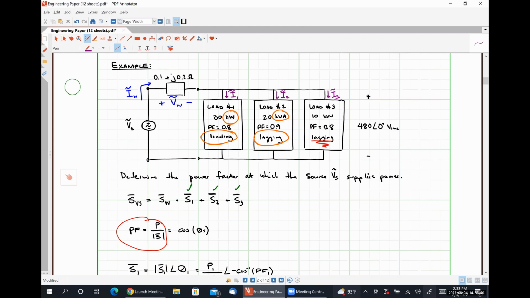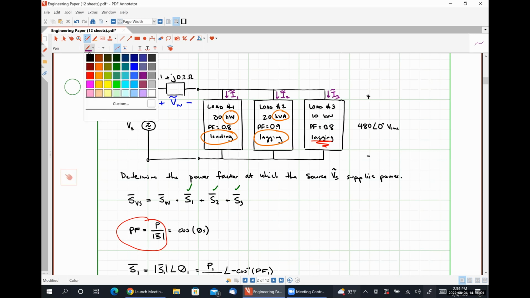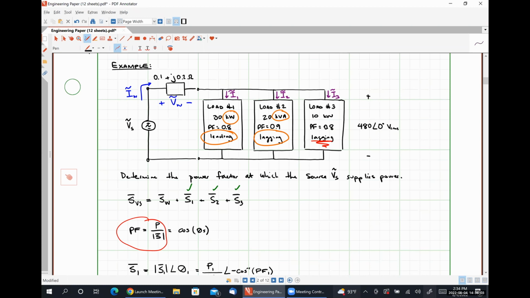So are we adding the currents or are we adding the powers? Adding the currents. Okay. So if we're going to add the currents together, that means we're going to need to solve for the individual currents.